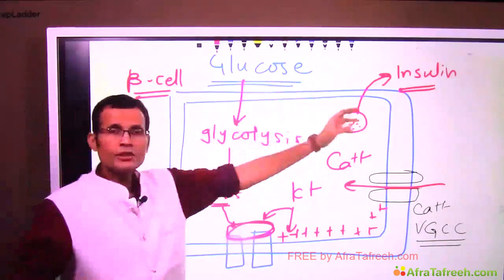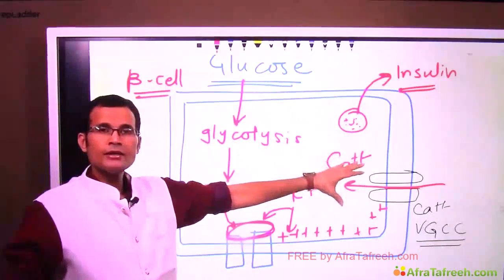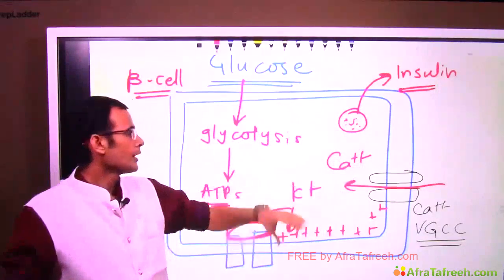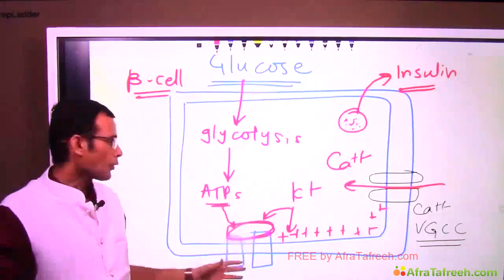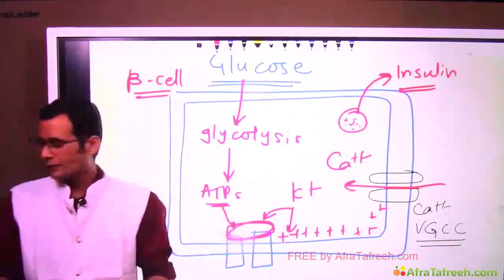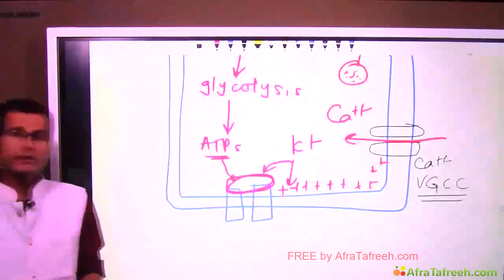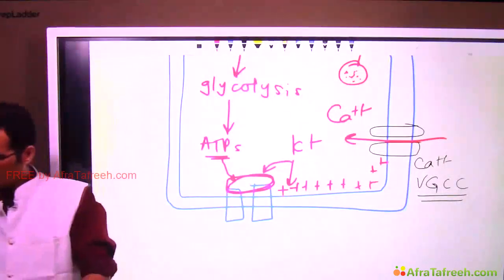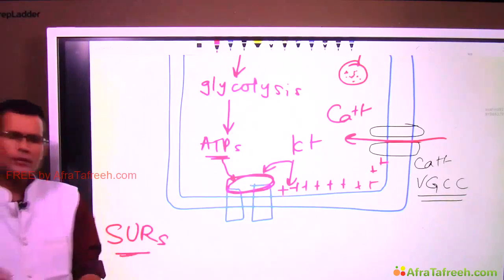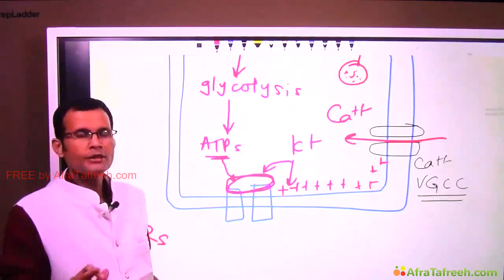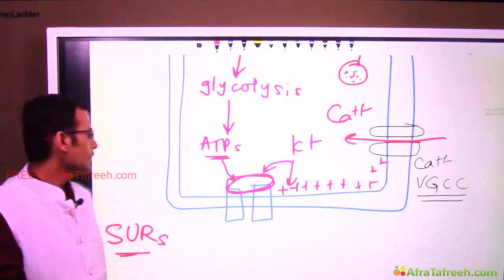For insulin secretion, the calcium inside the cell has to increase, and for that to happen, this channel is very, very important: the ATP sensitive potassium channel. In fact, remember, there's a category of drugs called sulfonylureas.